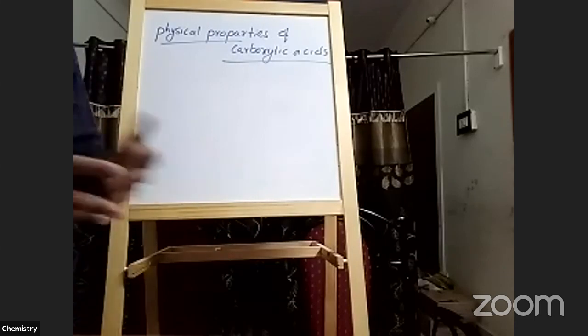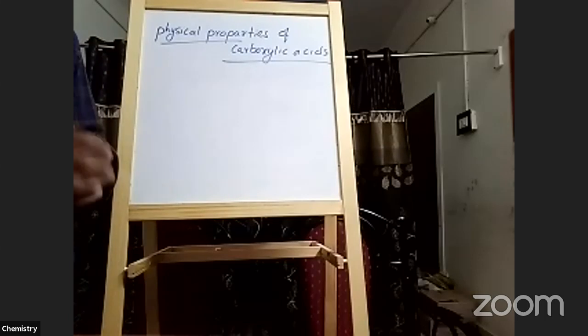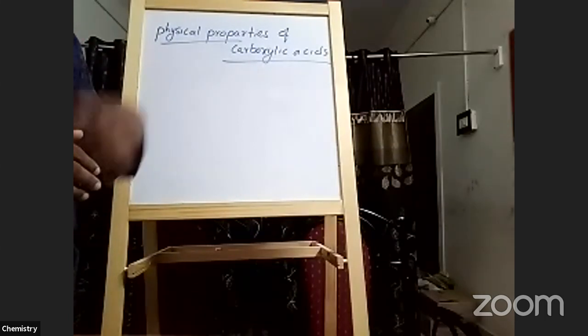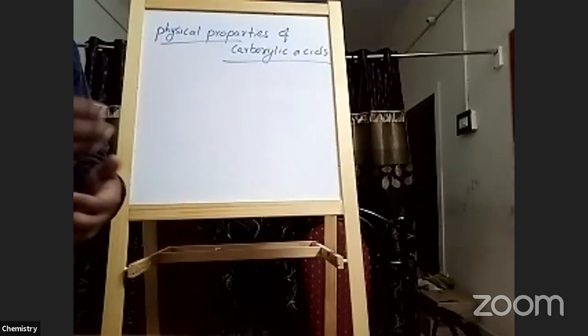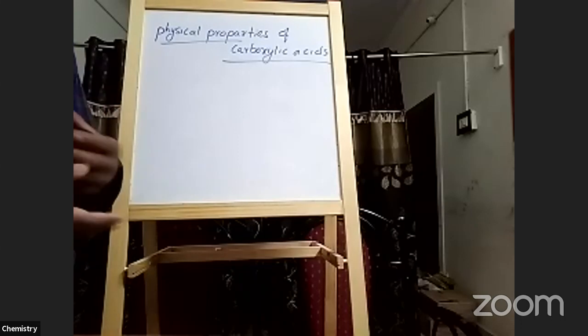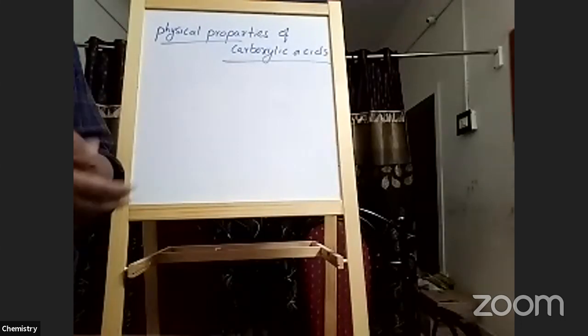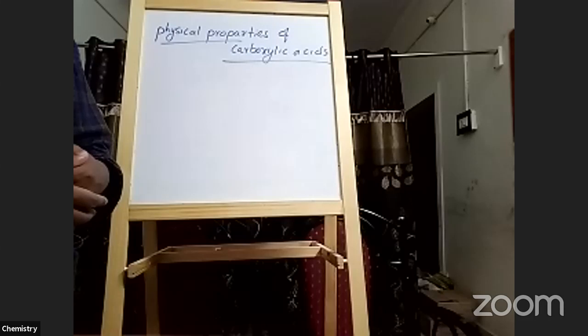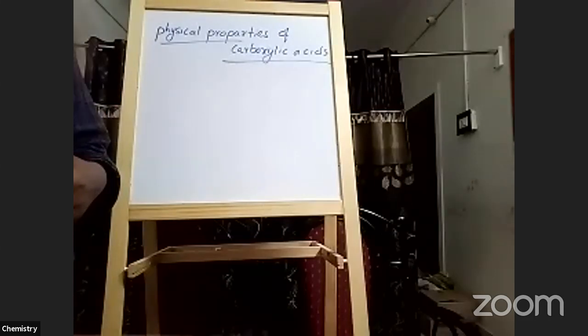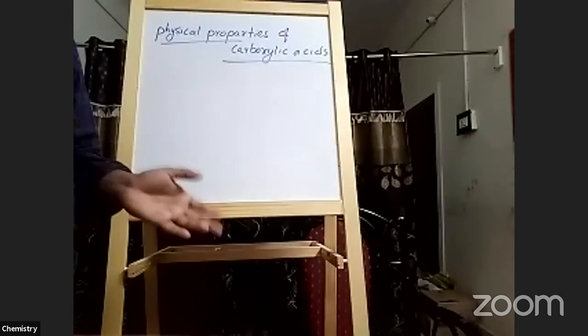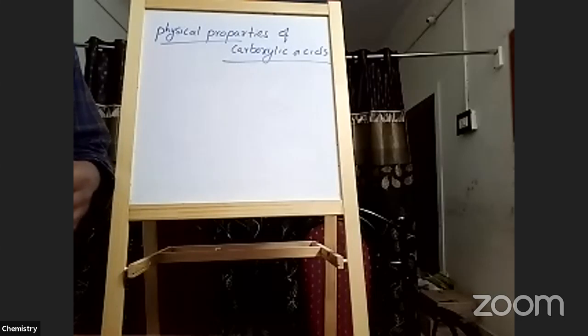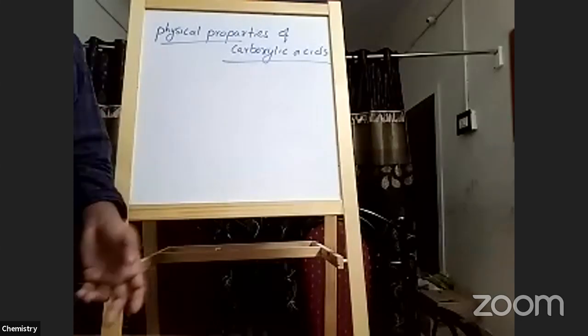We can't observe that. In the vapor state also they are having bonds, they are not broken. So carboxylic acids exist with bonds in the vapor state also.